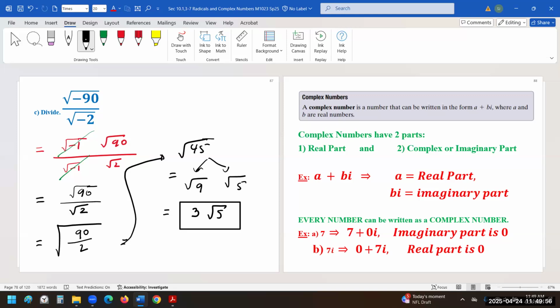So a complex number has two portions, a real portion and an imaginary portion. And we can write any number as a complex number. For example, the whole number 7 is a real number, but we can write it as a complex number as 7 plus 0i, which is the same format. So we can write any number using the complex format.